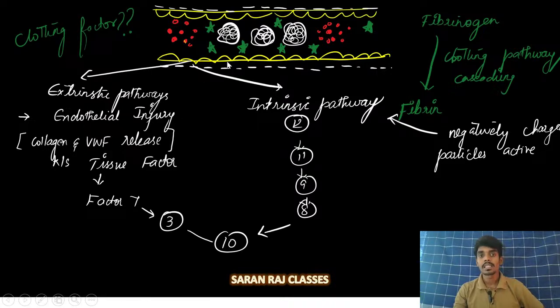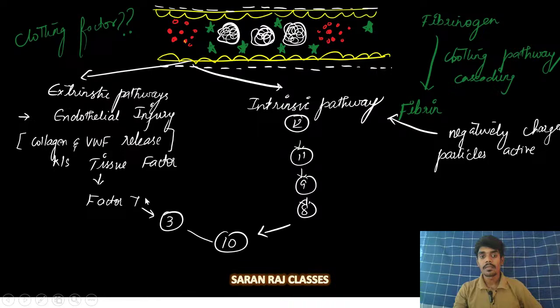If there is endothelial injury, this extrinsic pathway takes place, and collagen and von Willebrand factor may be released, which is also known as the tissue factor. Can you remember what is the receptor that is responsible for the von Willebrand factor's attachment with the platelet? Comment your answers.